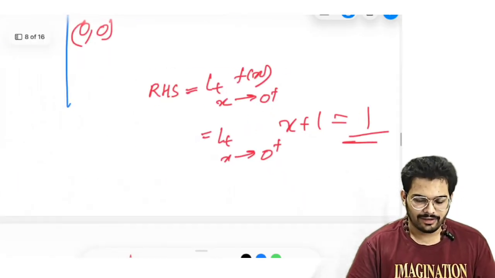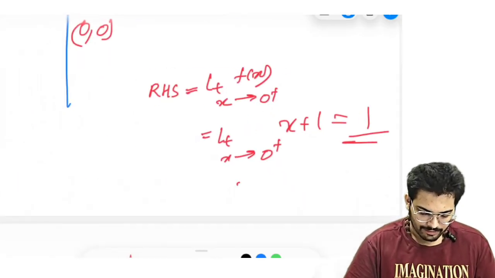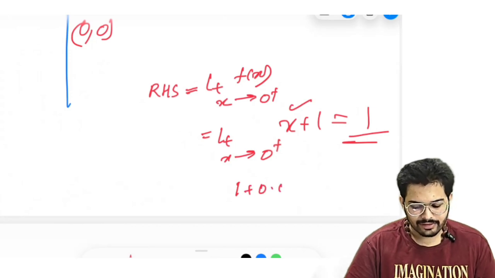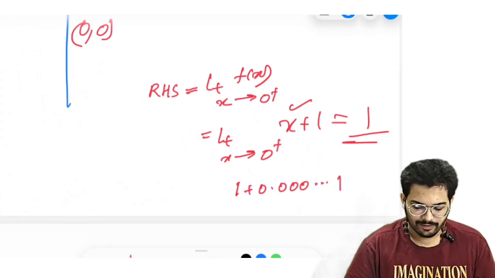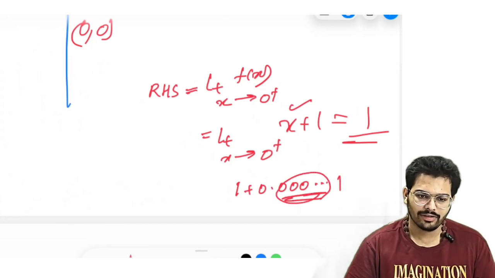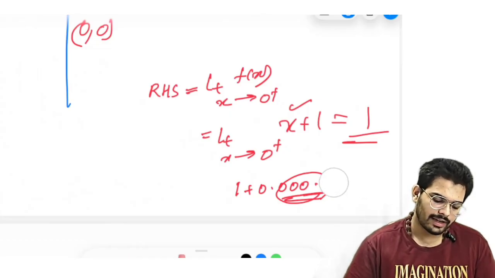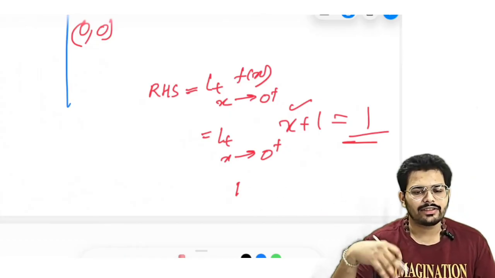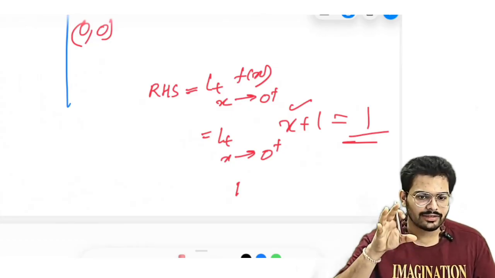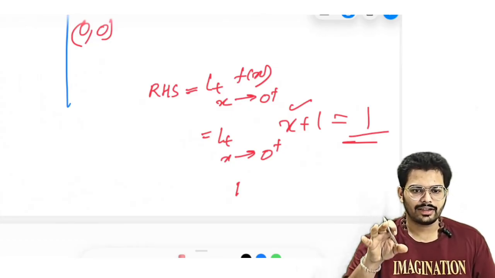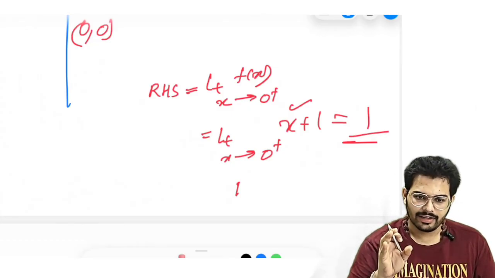Actually the exact value will be 1 plus x, where x can be 0.0000 etc. 1, but we don't have a fixed number of zeros. So we can only find an approximate idea of what value the function is converging to, or going towards. That's the logic behind limits.